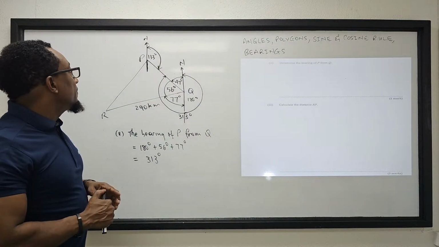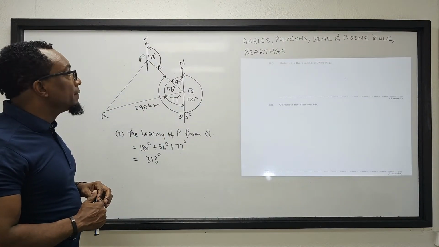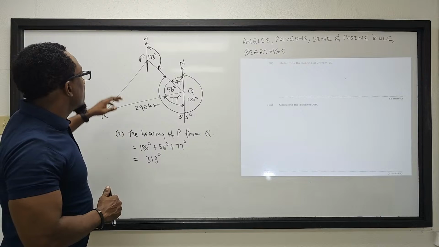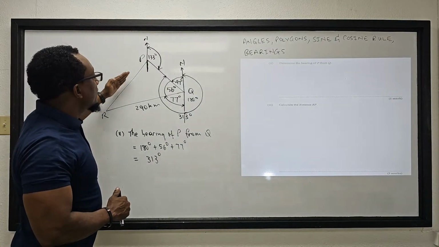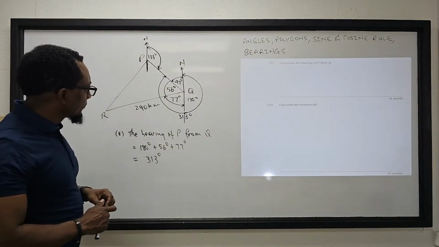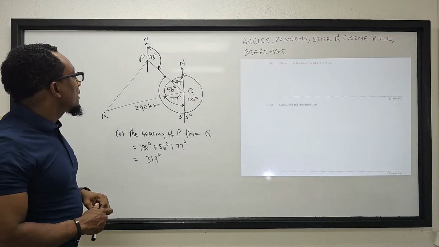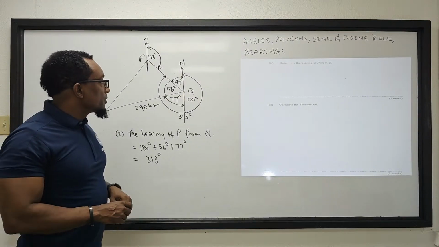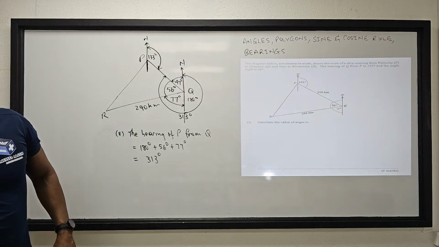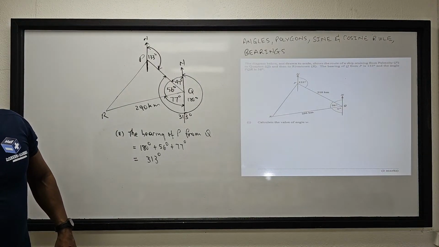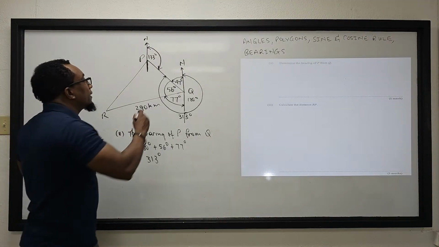So now they want us to find the distance RP. So this is the distance RP here. They want us to find that distance. Okay? So how are we going to find that distance? So, right, so this is 210 kilometers.